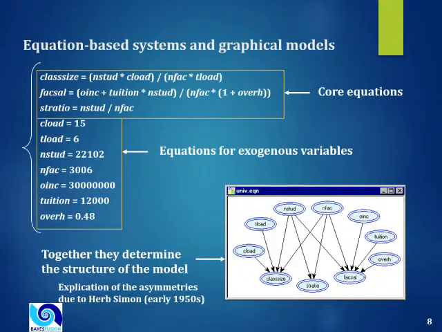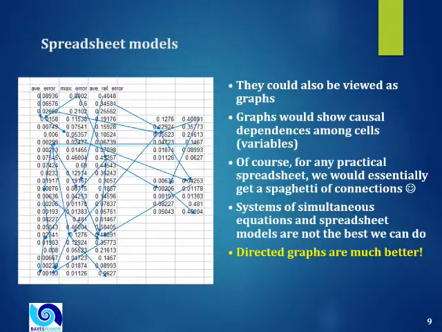That is work dating back to the 1950s. Spreadsheet-based models are also an instance of a relative of Bayesian networks. You can imagine putting arrows between cells that feed each other. Of course, this kind of representation would not be very convenient because that would remind us of a spaghetti of things as well. Directed graphs of Bayesian networks are much better.